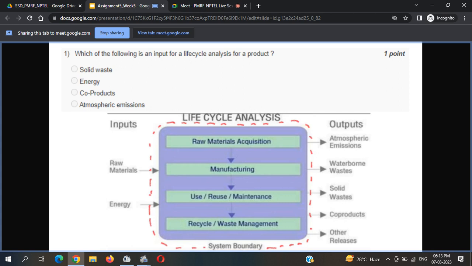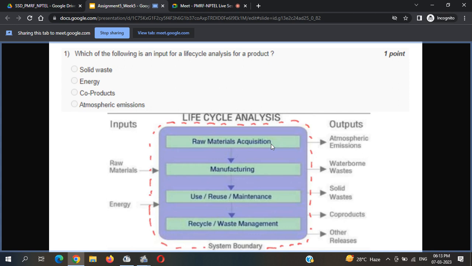So inputs, we have raw material and energy, and then in output we can have several different things. For example, atmospheric emissions. The atmospheric emission as an output can be during the process of raw material acquisition also.